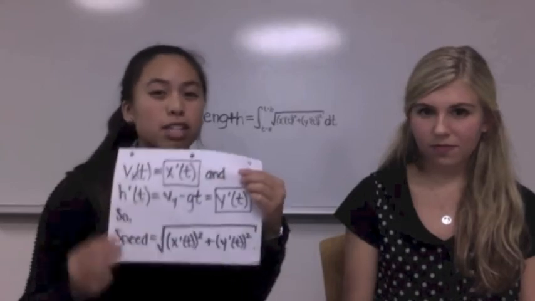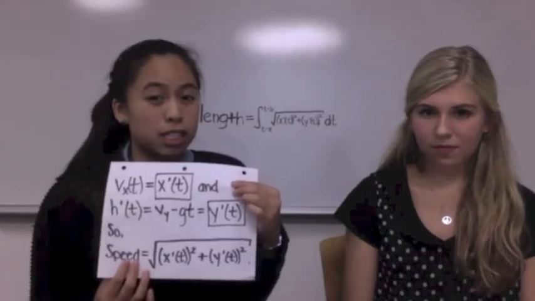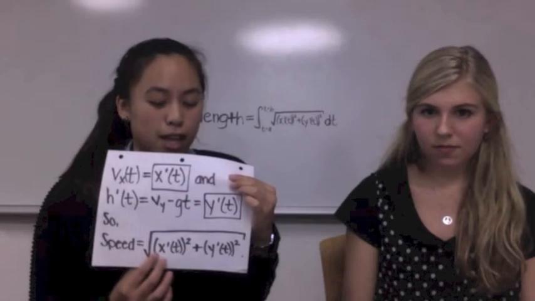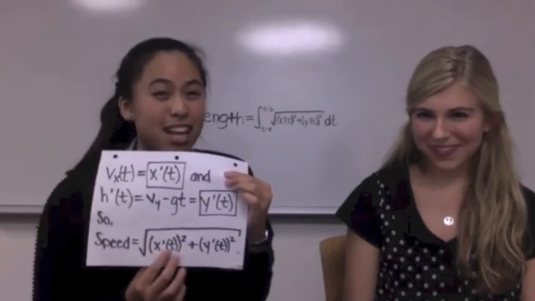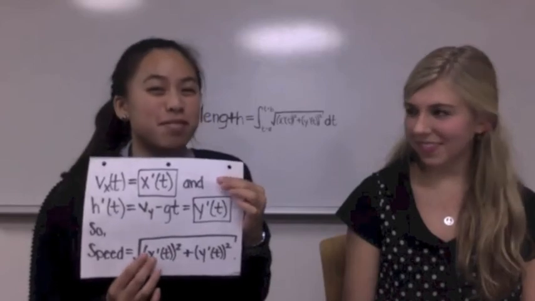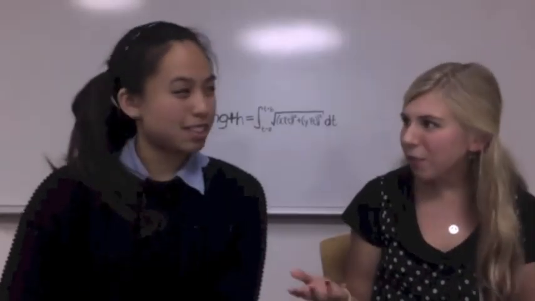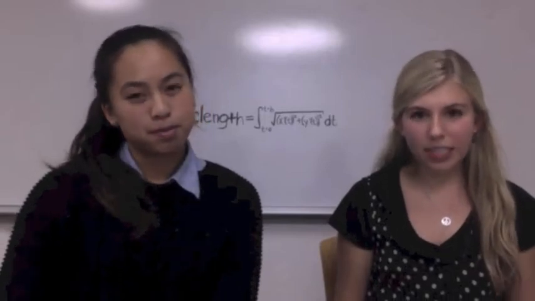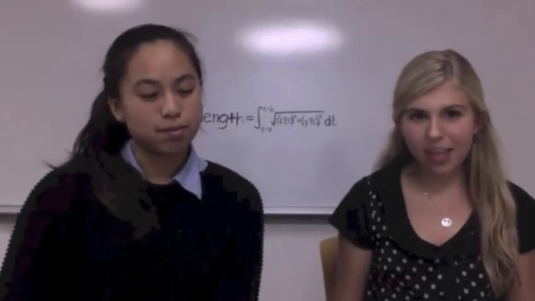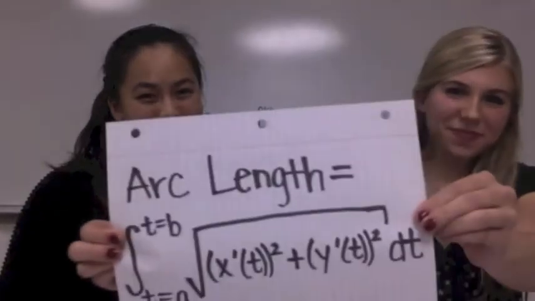And from that we can have our new speed or velocity equation, which is the square root of the sum of the squares of the vertical and horizontal velocity. That makes perfect sense. And if we integrate the speed function, we will yield the distance the ball traveled in the air, thus the arc length.